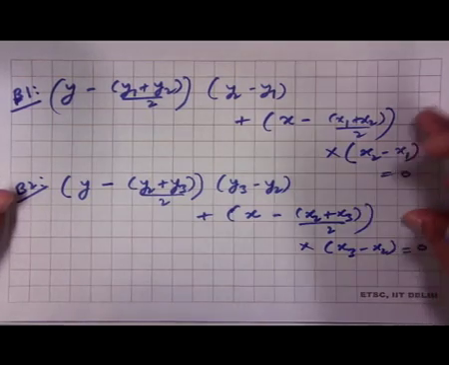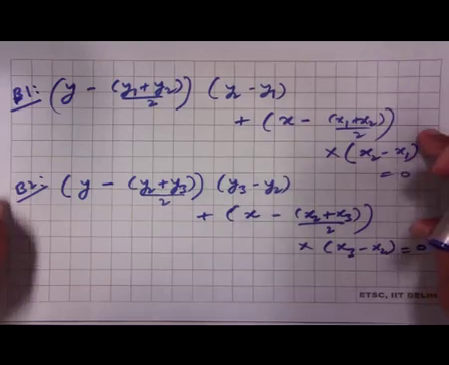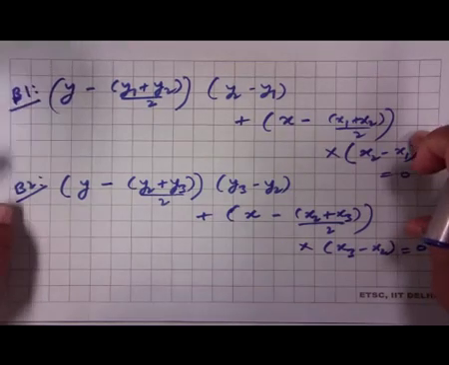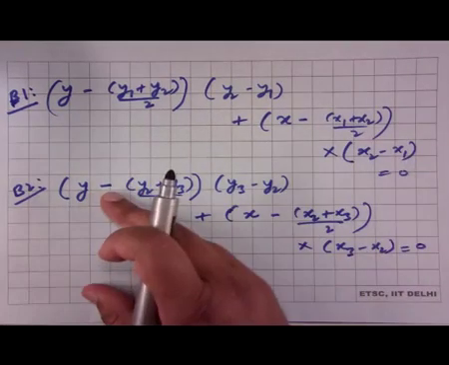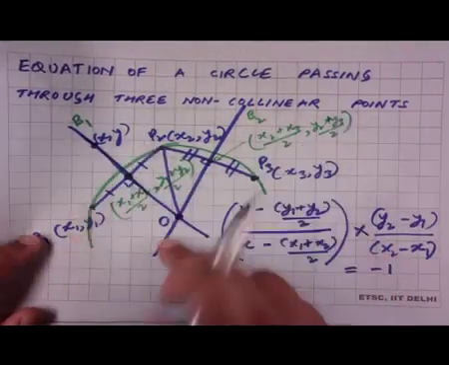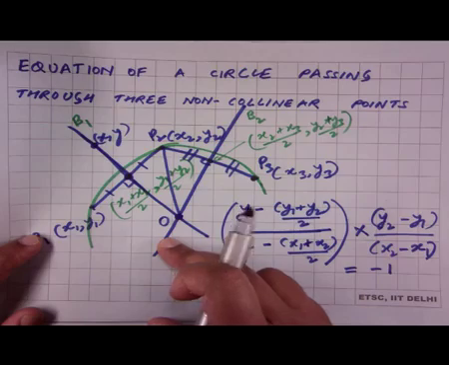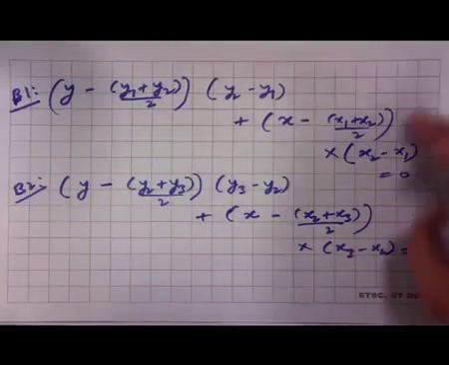And now we just need to solve these two equations simultaneously, because we know that the center of this circle is the point of intersection of these two perpendicular bisectors, whose equations are given by these two equations.